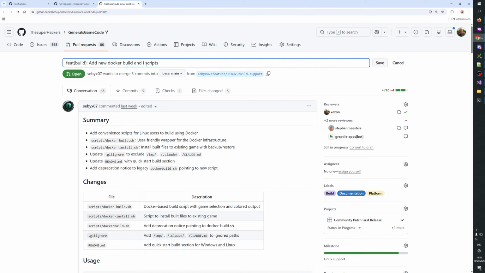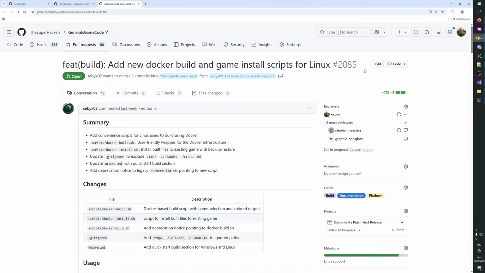Builds and install scripts. Linux. Okay, I think that's fine.